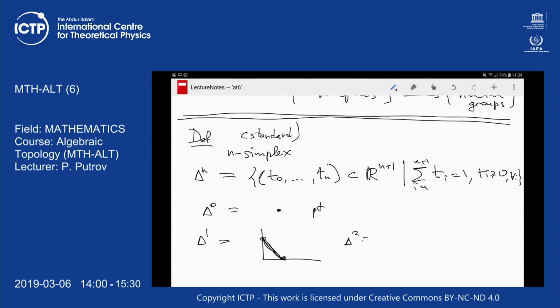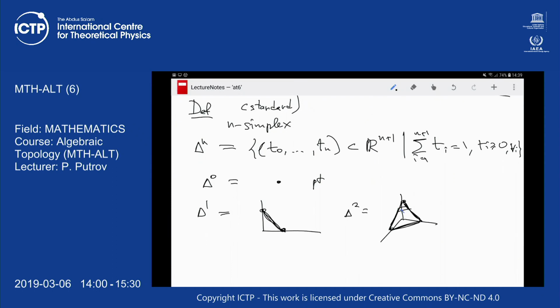Delta 2 is a subspace in R3, which is a triangle. Delta 3, I cannot draw as embedded in 4-dimensional space, but let me just draw the space itself. This will be a tetrahedron. So delta n can be understood as the n-dimensional generalization of a triangle.